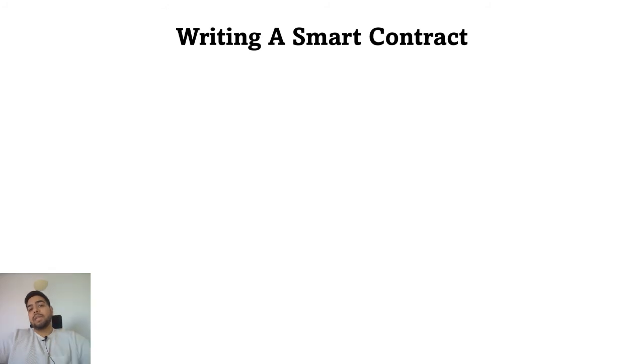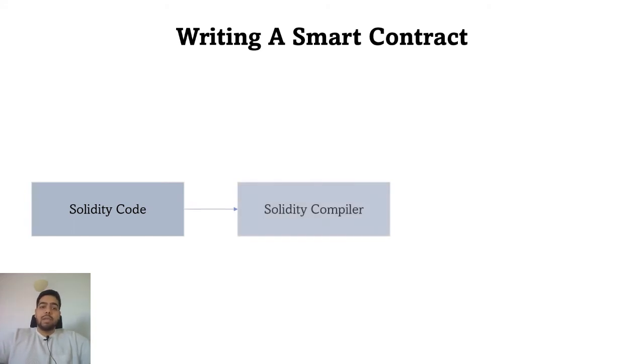Now, how can you write a smart contract? So you write a smart contract through a language called Solidity. Now, in order for the Ethereum virtual computer that is running on top of the Ethereum blockchain to run it, you need a compiler that can translate your Solidity code into a machine understandable code.